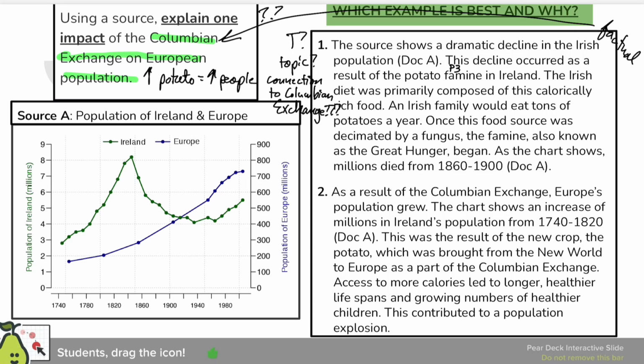Okay, how does it connect to the Columbian exchange in period 2? Once this food source was decimated by a fungus, the famine, also known as the Great Hunger, began. As the chart shows, millions died from 1860 to 1900. All of this summarizes the document, but it doesn't use the document to answer this question.